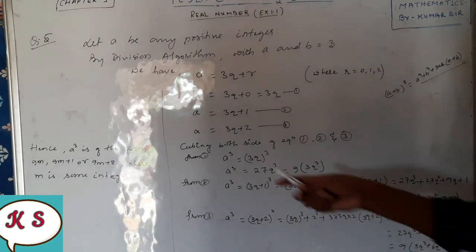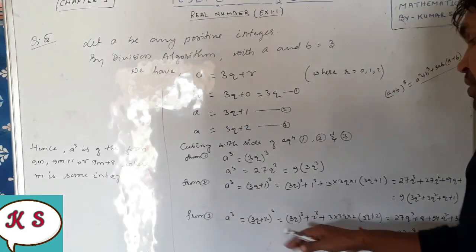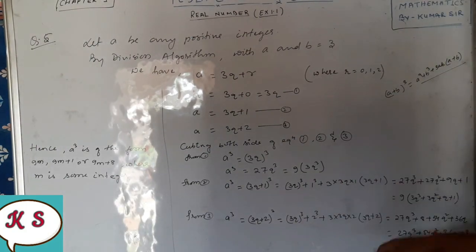Next, from equation 3, again we are cubing it using the same formula. When you use it, at last you will get 9 into (3q cube plus 6q square plus 4q) plus 8.